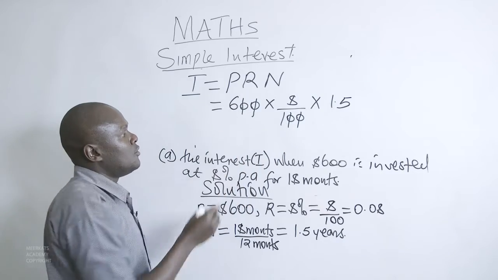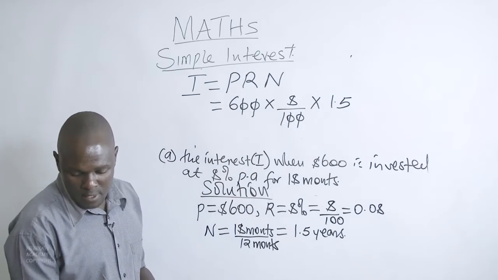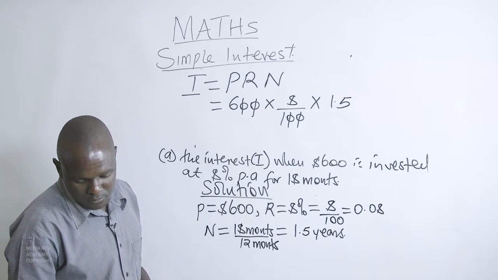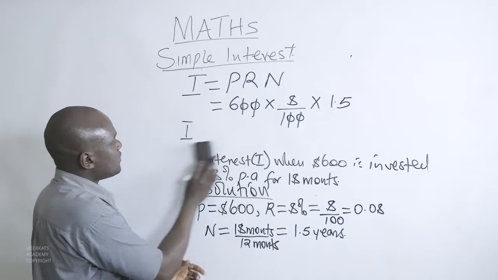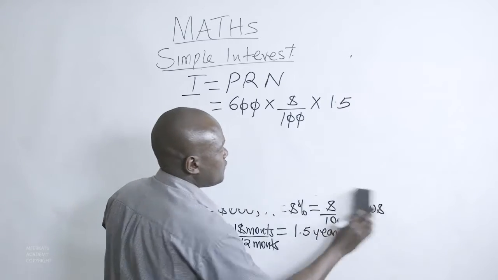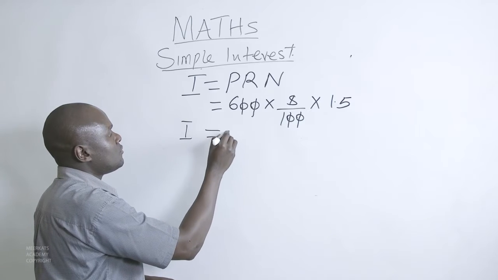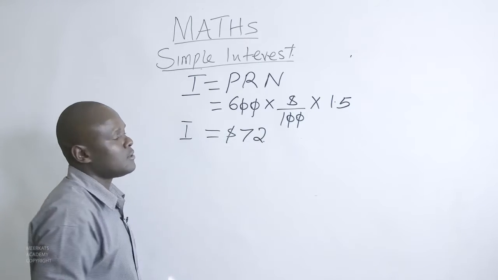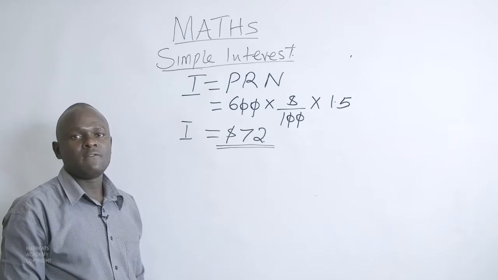So we'll have the product of 6, 8, and 1.5. And when we do that, we will have a simple interest equivalent to $72. Our simple interest is equal to $72.